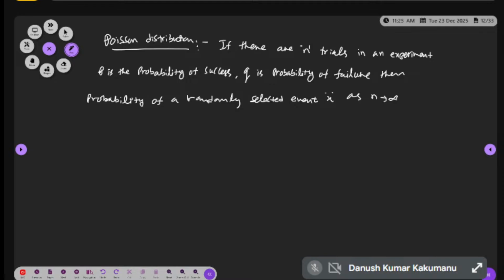Every word is same, yes or no, except one last word. What is the last word? n tends to infinity. Everything is same. That's why we are writing it as Poisson distribution. Poisson distribution is equals to limit n tends to infinity binomial distribution.